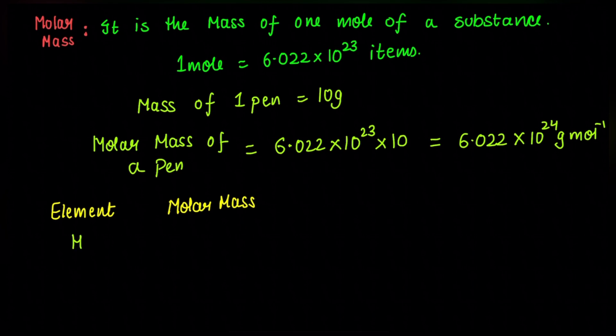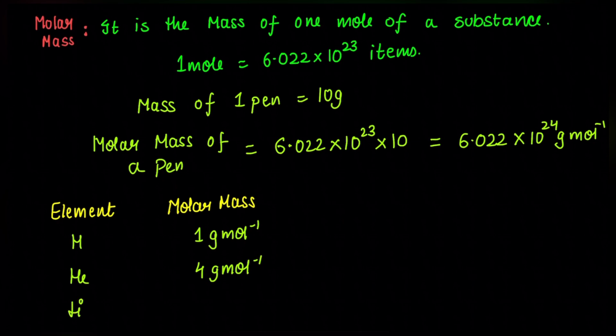Its molar mass is 1 gram, which means 1 mole of hydrogen collectively weighs 1 gram. We can also write it as 1 gram per mole. Similarly, for helium, it is 4 gram per mole.